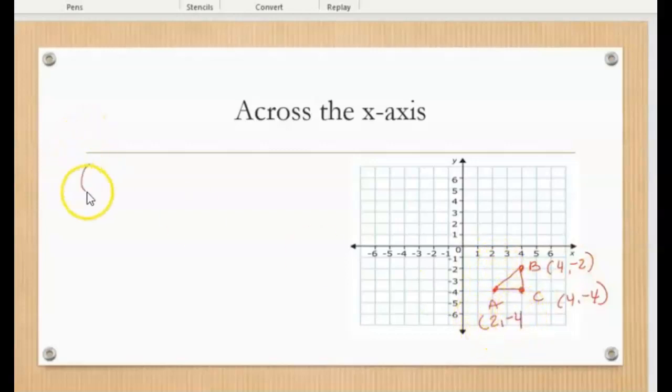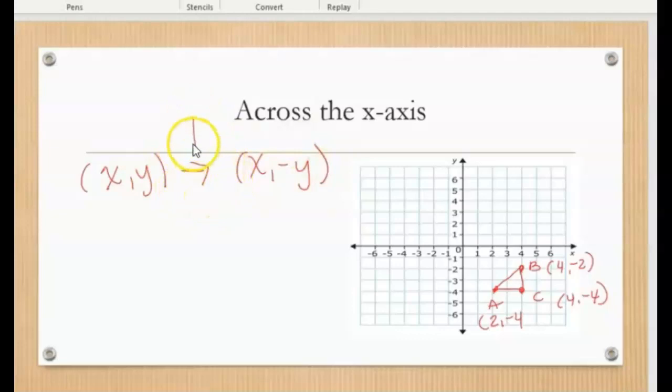So remember, the rule for reflection across the x-axis is you take the x and y coordinate point and you make the y negative. You see this arrow here, it's the symbol that means, okay, go ahead and do the transformation. So take the x, y, and the output changes to x, -y.